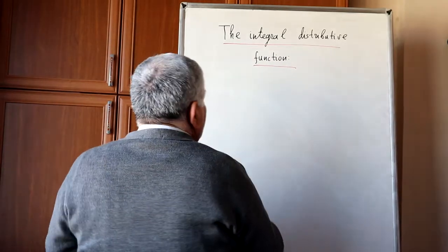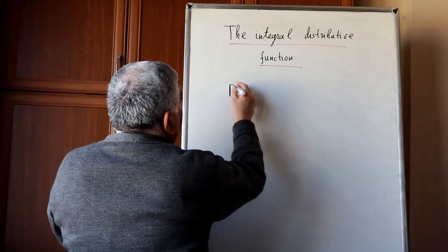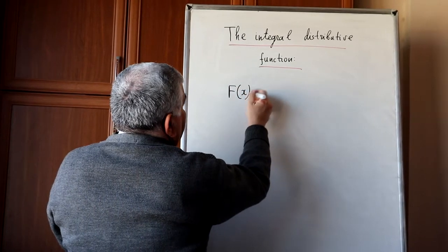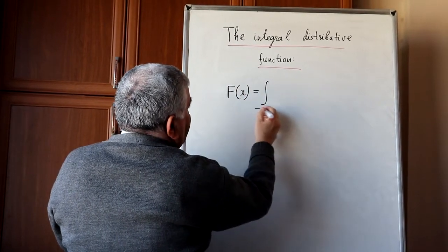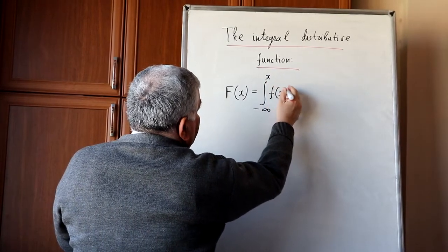Its formula has the following form. F capital of x is integral from minus infinity to x f little of x dx.